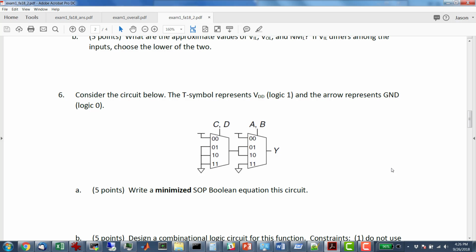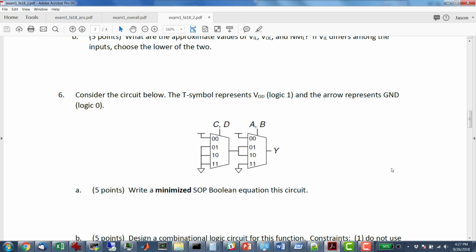Or if A and B are 0, 1, meaning not A, B, then if A is 0 and B is 1, I am going to take whatever comes out of this mux, in which case C and D now become relevant.